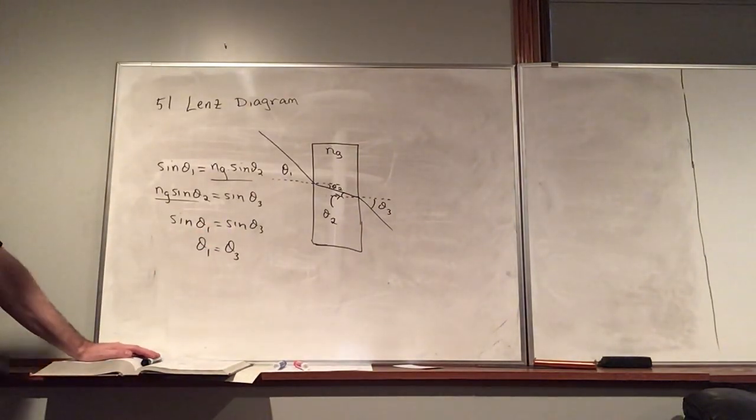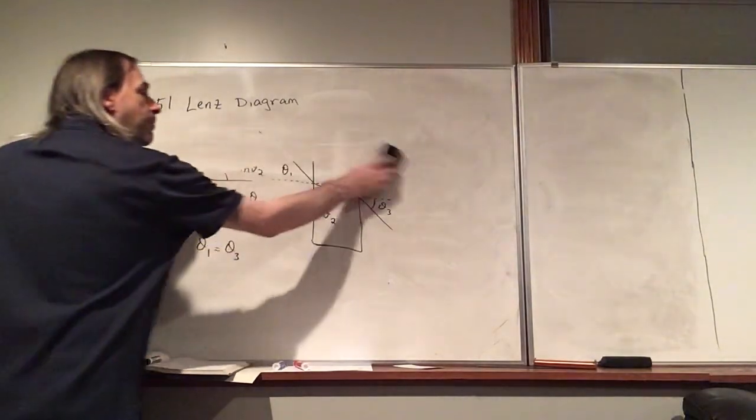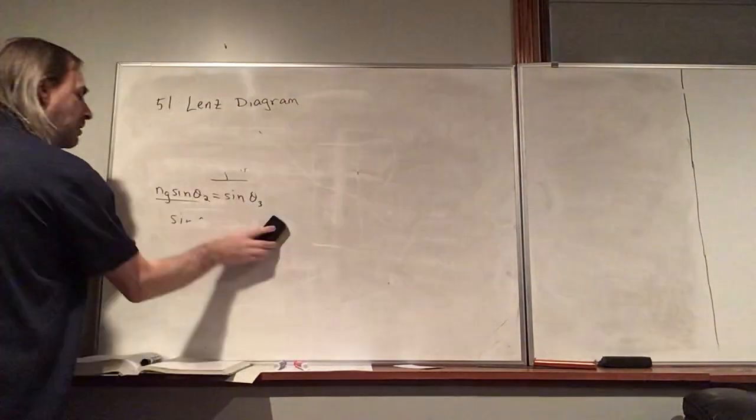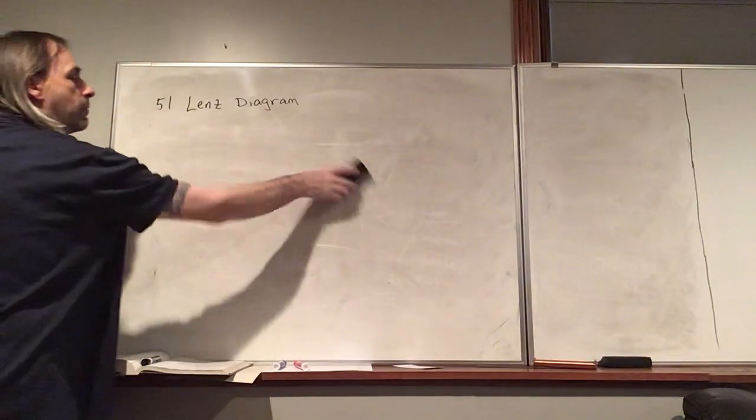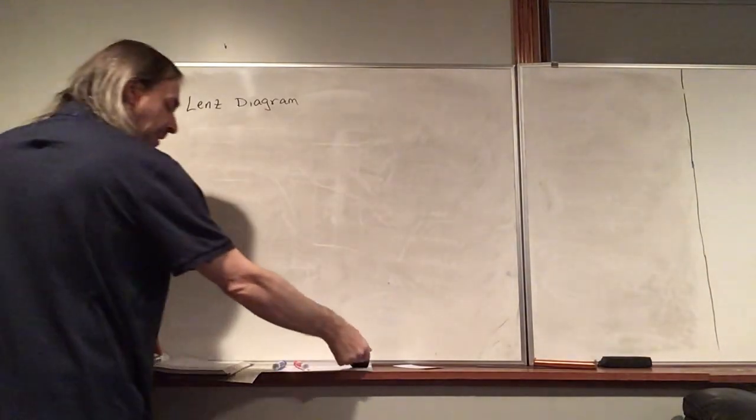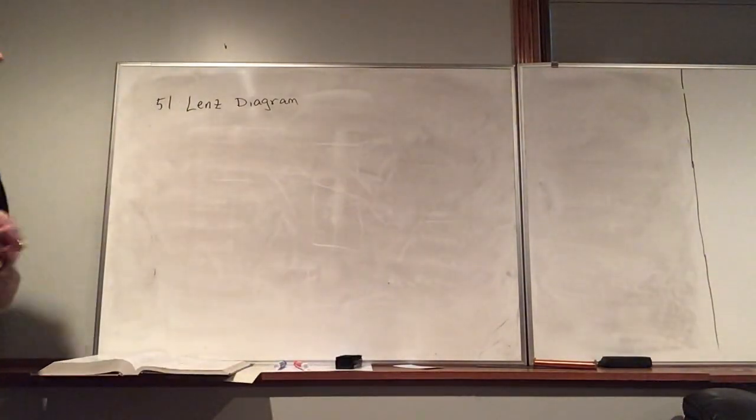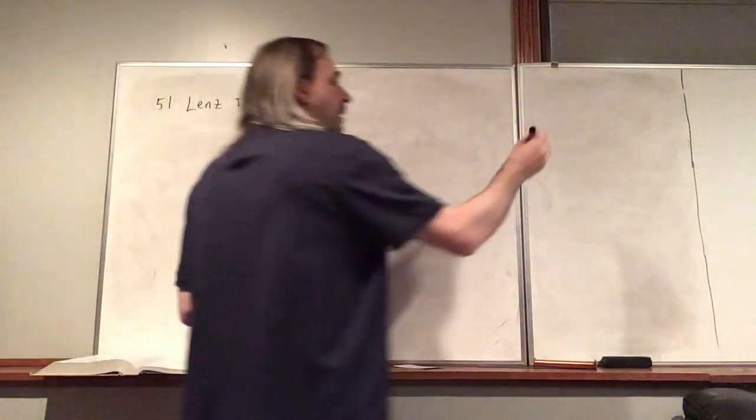Now, what if we have a curved glass surface, and we can use that to focus light? We're going to look at two main types of lenses. I'll draw it off to the side.